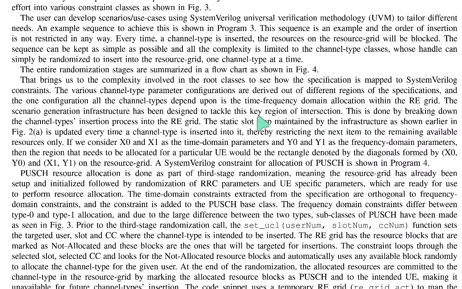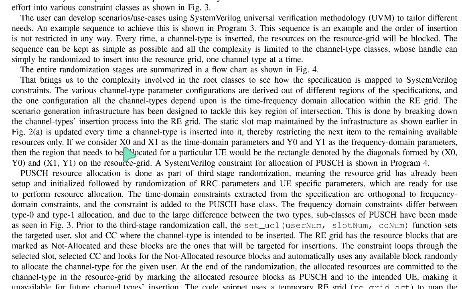This is done by breaking down the channel type insertion process into the array grid. The static slot map maintained by the infrastructure, as shown earlier in figure 2A, is updated every time a channel type is inserted into it, thereby restricting the next item to the remaining available resources only.